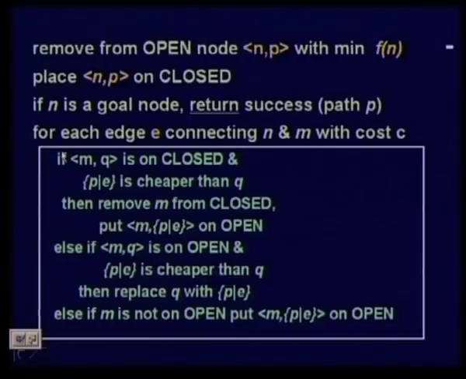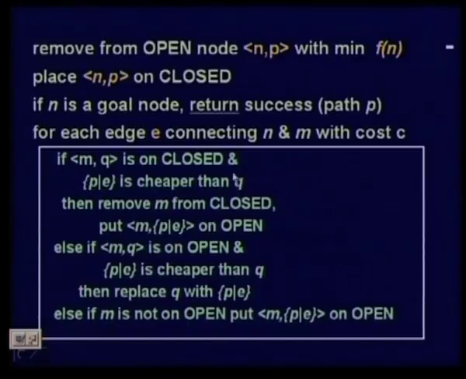Otherwise we find all edges coming out of the node N, that is edges connecting node N with some other node M. Suppose there is an edge E connecting N with M whose cost is C. Now, we consider this node M, this state M. If M is already on closed with a path Q and our current path P concat E happens to be cheaper than the cost of the path Q, then we will like to consider this current path as the best path to M. If Q is cheaper, we throw away our current path.